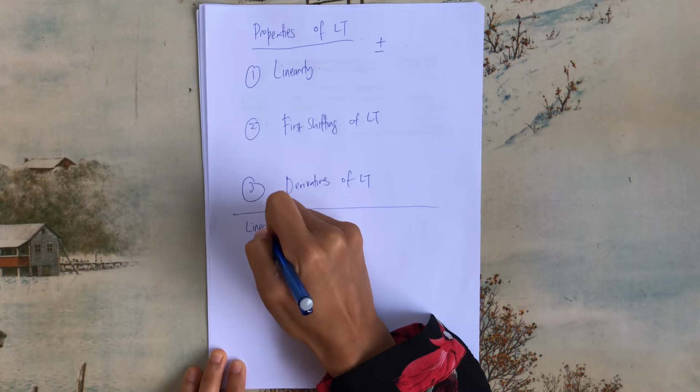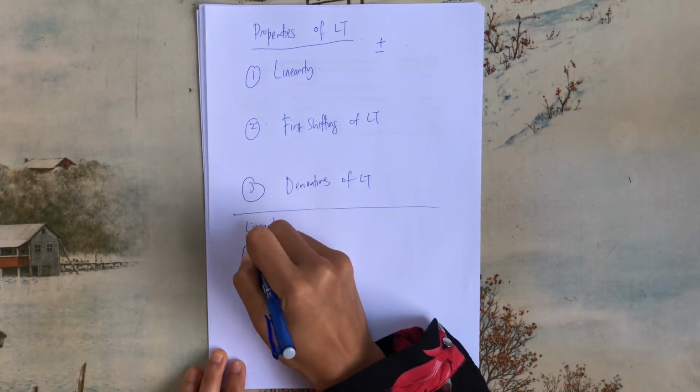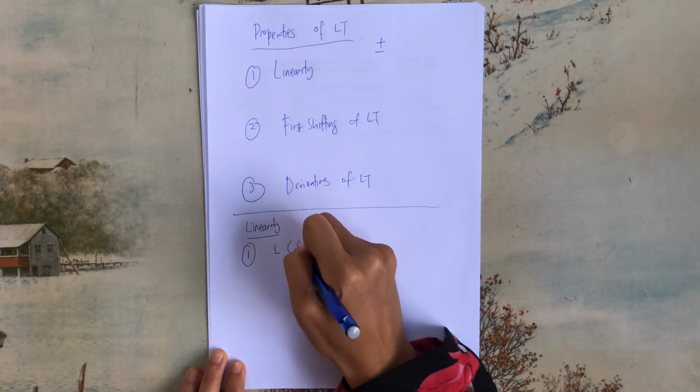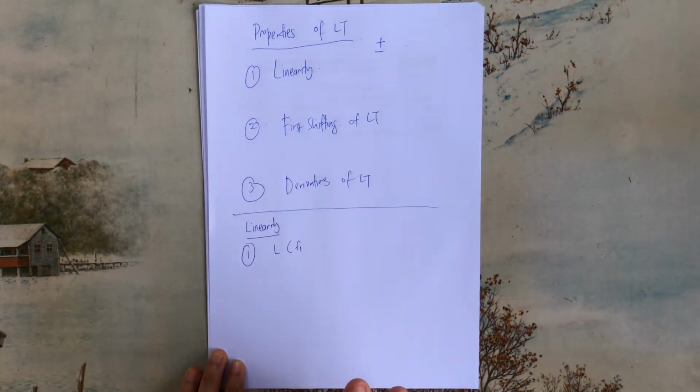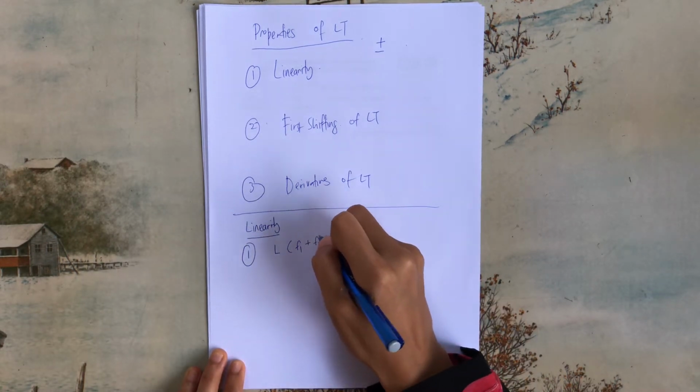this is about linearity. The first property of linearity is, let's say you have two functions, f1 plus f2.